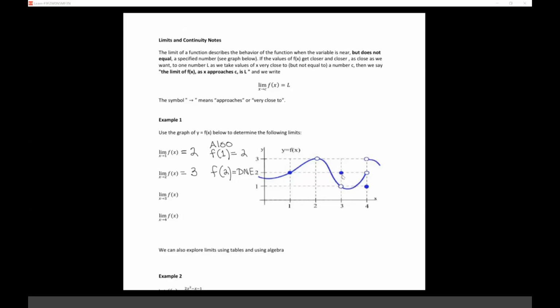The function is defined at 3. Can anybody tell me what is the value of f of 3? 2, because that's where the solid circle is. The solid circle is up at 2.